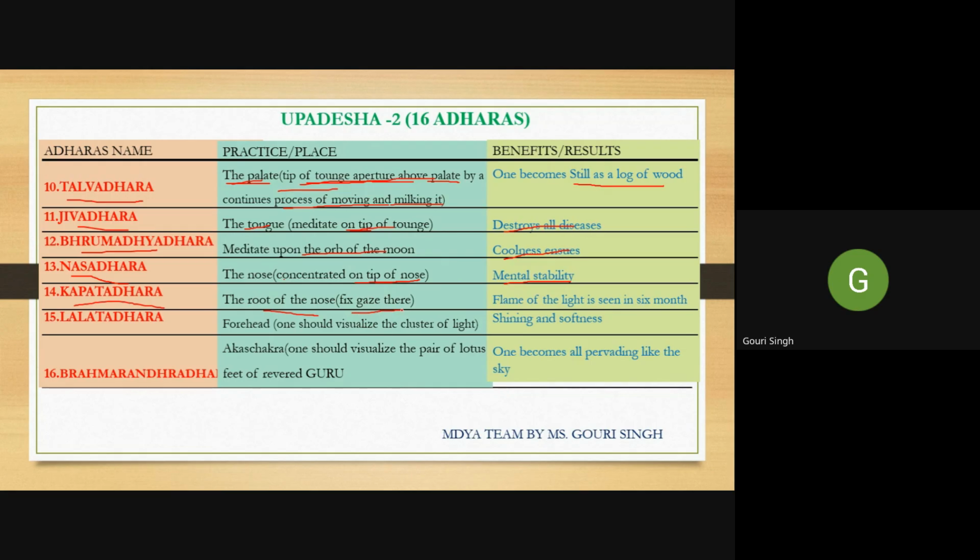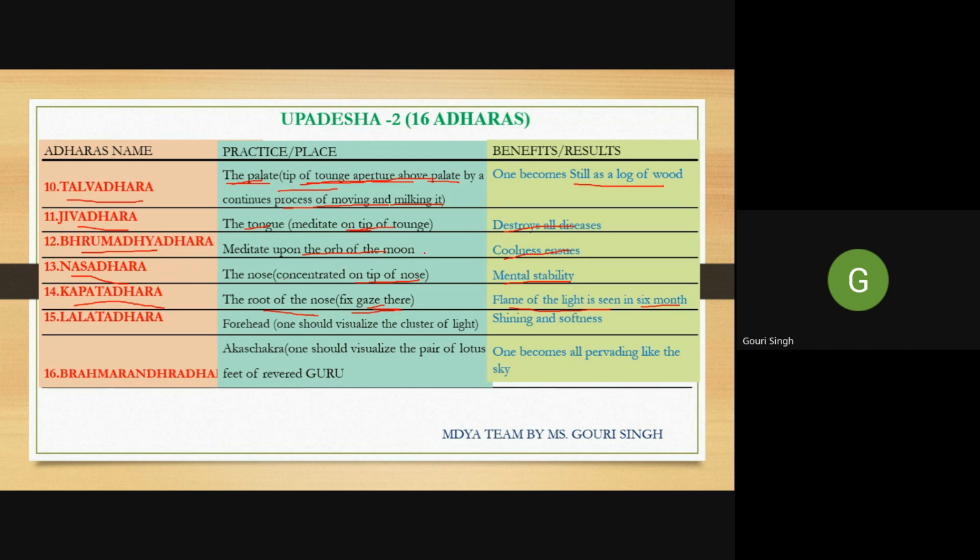Nasadhara is the tip of the nose, but in Kapatadhara you have to focus on the middle of both your eyes. Whenever you do this practice, the flame of light will be seen in the 6th month of the practice. Only if you practice for 6 months will the practitioner see a flame of light.